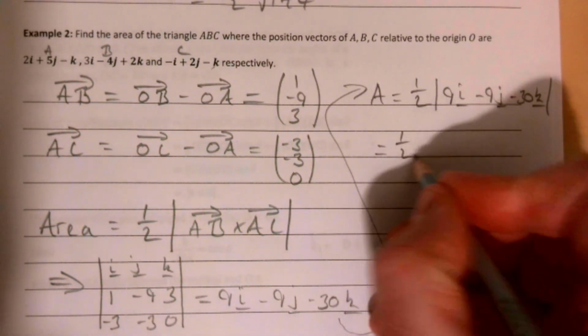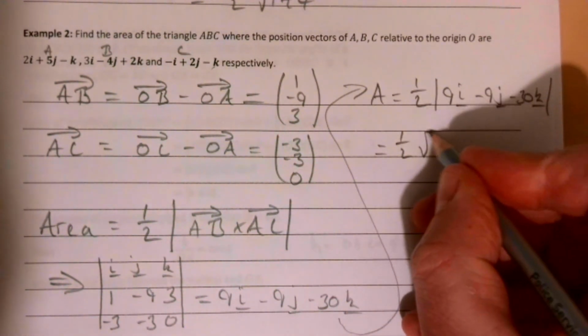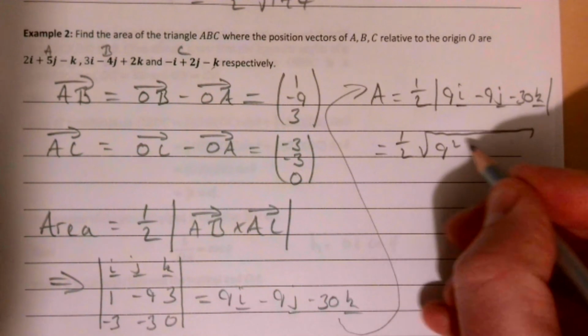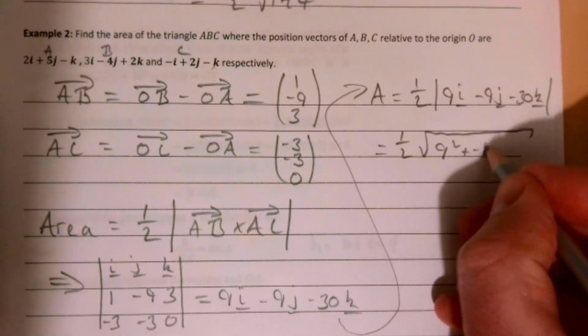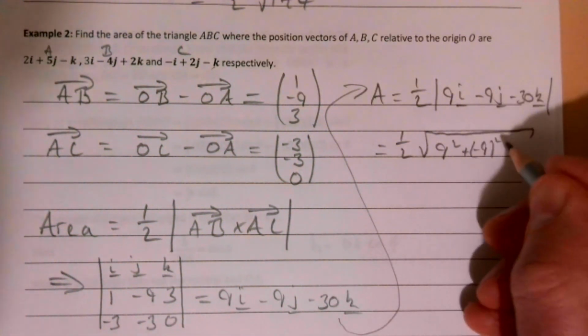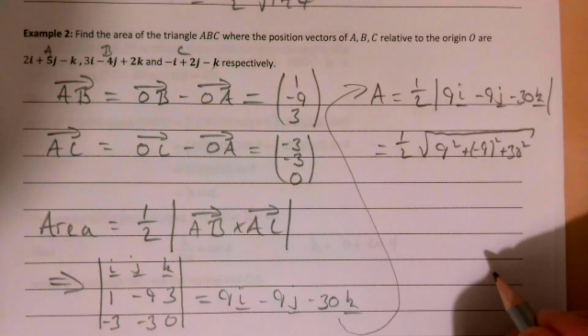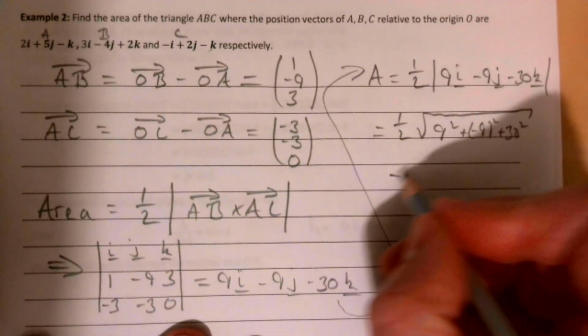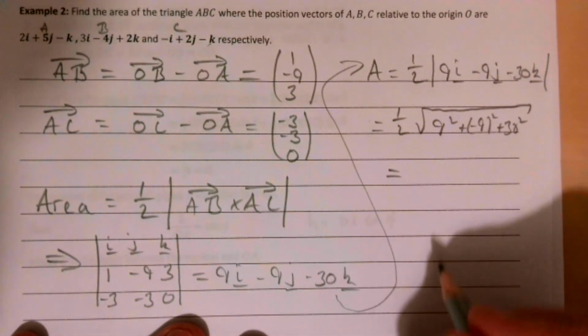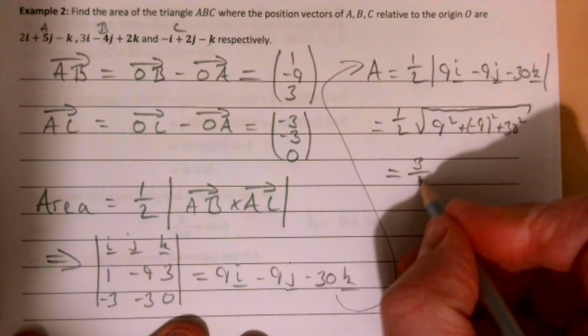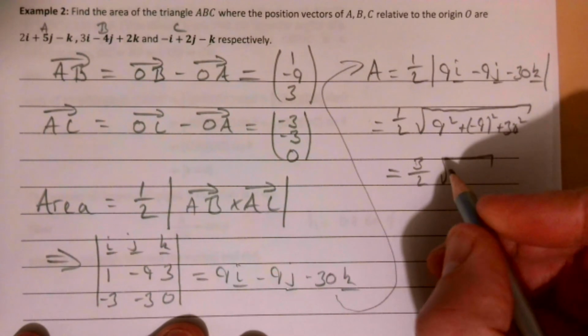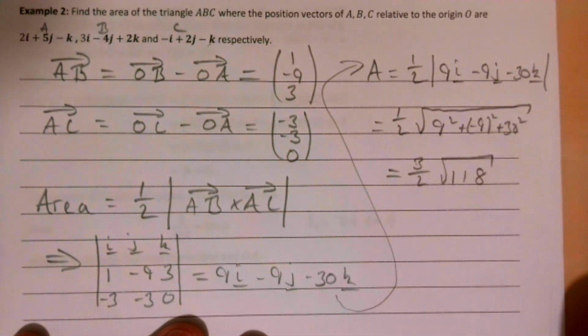So that's equal to a half the square root of 9 squared plus minus 9 squared plus 30 squared. And that tidies up. You put it in your calculator, whatever way you want to work it out. You get 3 over 2 root 118.